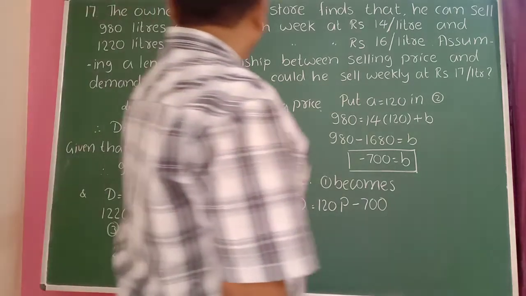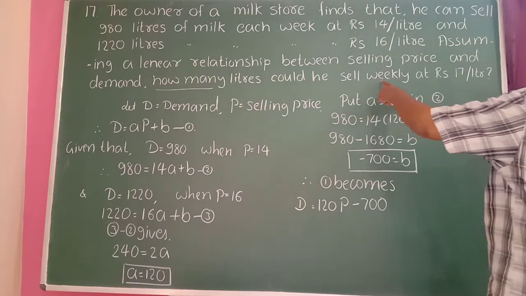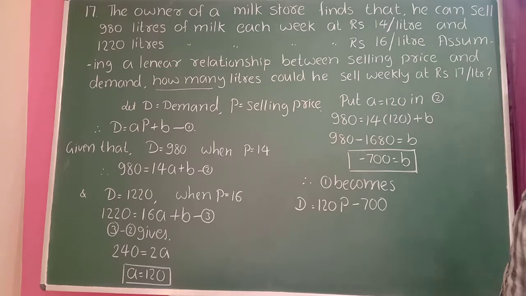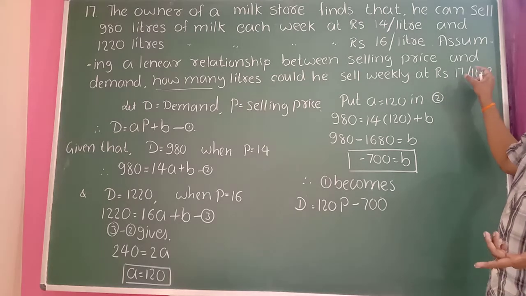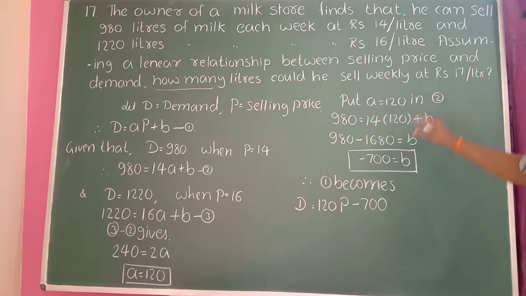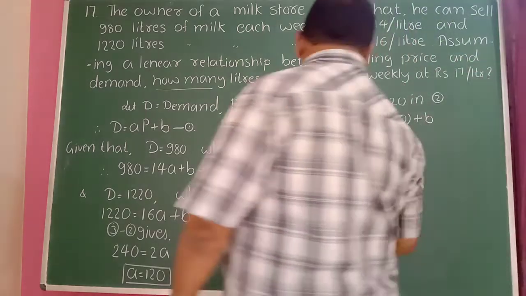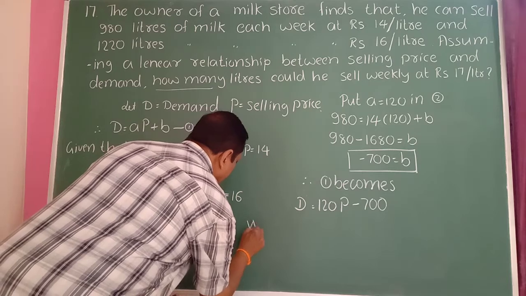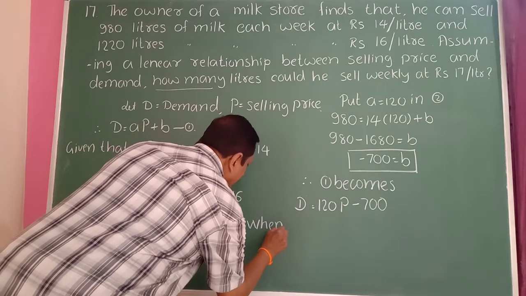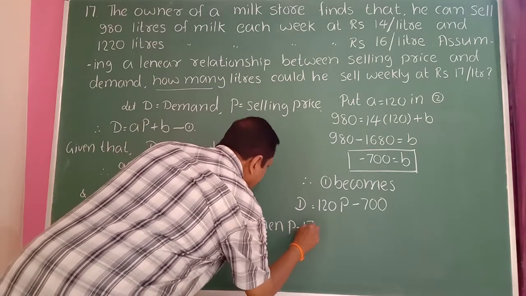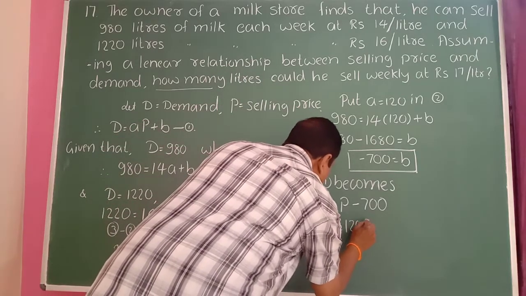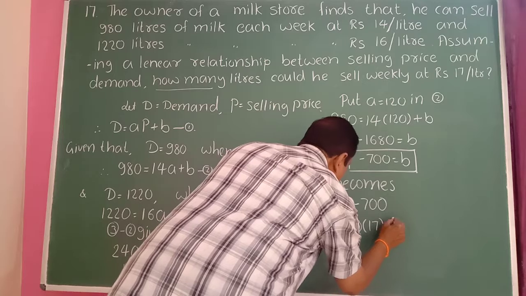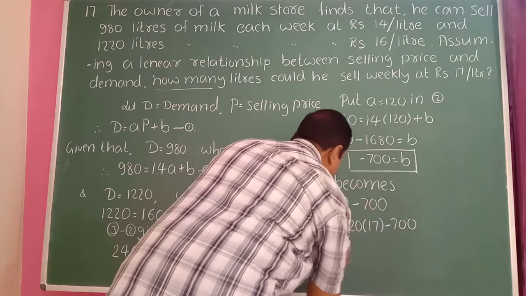Now, how many liters could he sell weekly at rupees 17 per liter? Substitute 17 for P. When P is equal to 17, D is equal to 120 into 17 minus 700 here.